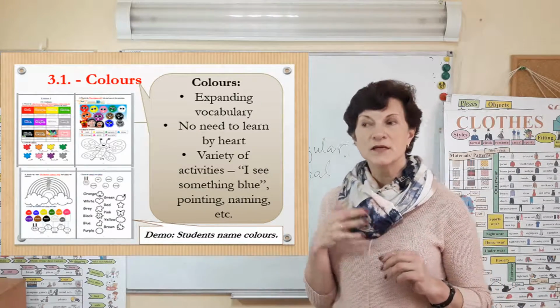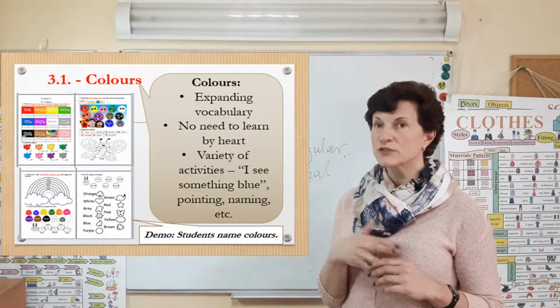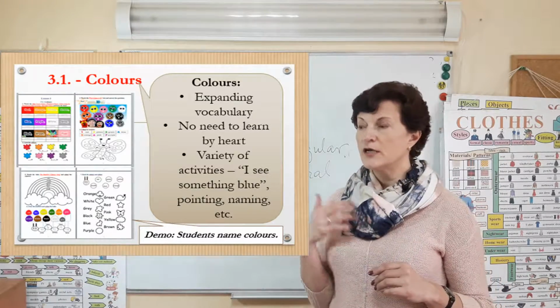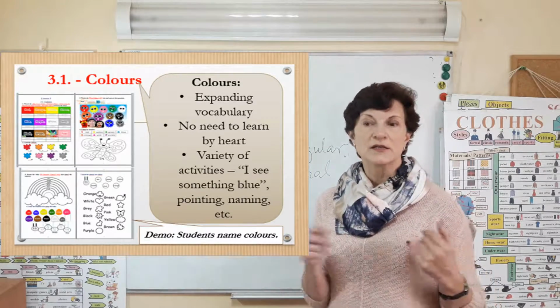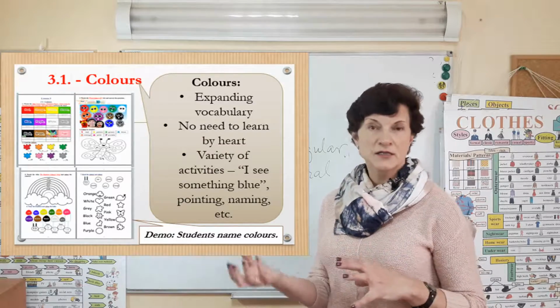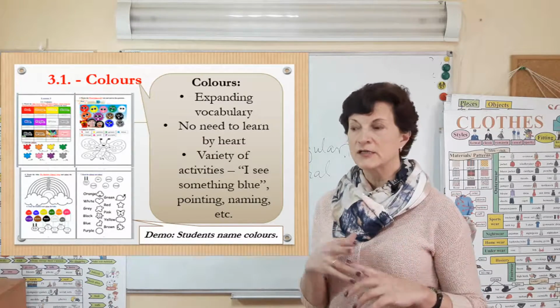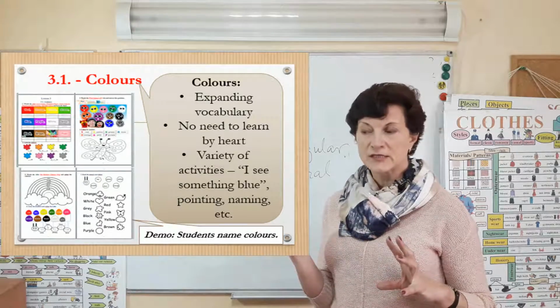And there may be a variety of activities that you can use to teach this topic. Here we present a couple of them, such as coloring the rainbow, then reading and coloring the objects, connecting the colors with their names.